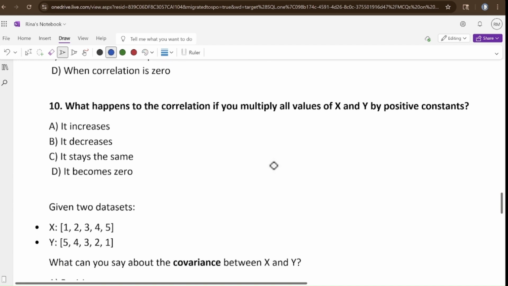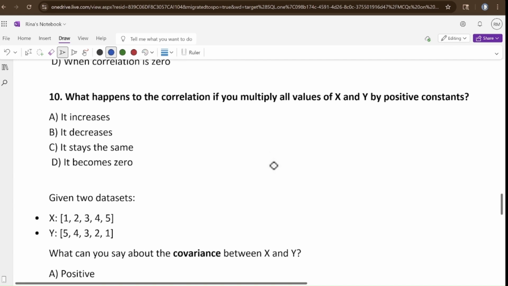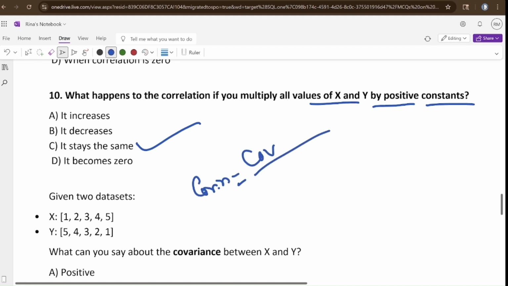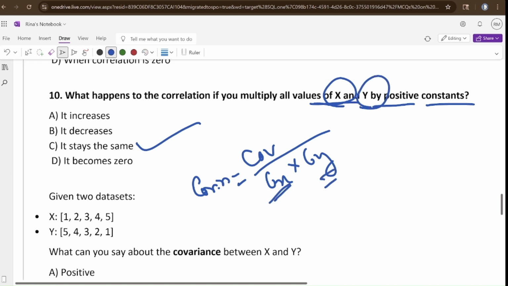What happens to the correlation if you multiply all values of x and y by a positive constant? It will stay the same, because correlation is covariance divided by sigma x into sigma y. All values of x and all values of y are just scaled by a positive constant, so it does not matter to the correlation.